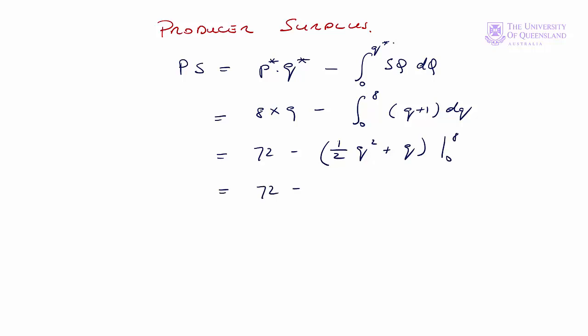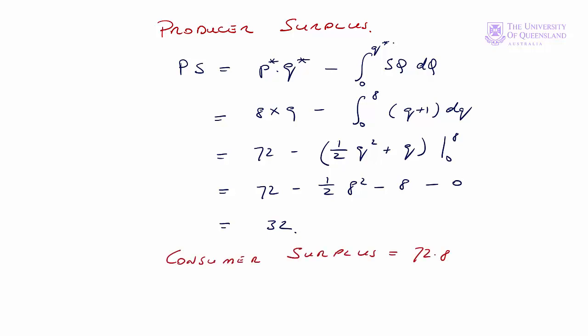That's 72 minus 1/2 8 squared plus 8 minus 0, and that's equal to 32. And finally, stating our answers, consumer surplus is 72.8, and as we just found, producer surplus is 32.